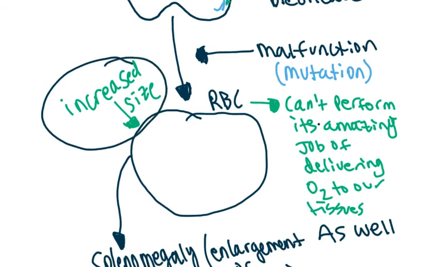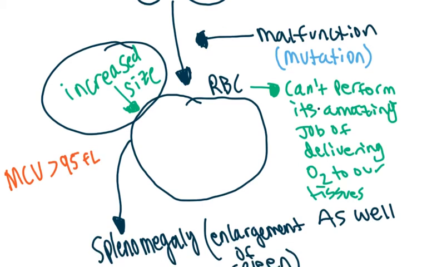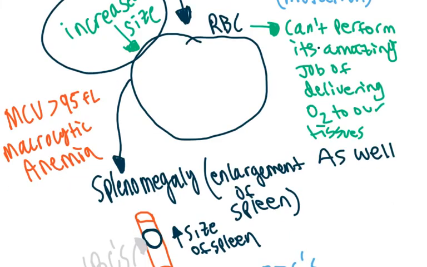So our mean corpuscular volume will probably be greater than around 95 femtoliters. That means hereditary spherocytosis is classified as macrocytic anemia. All right, macrocytic anemia.